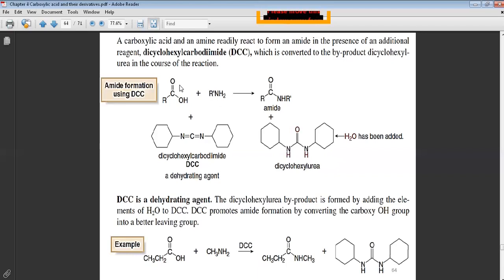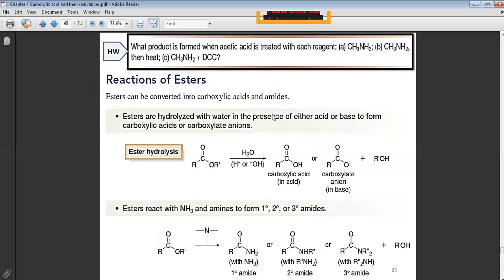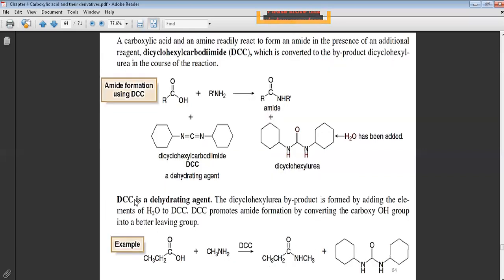Now we have a carboxylic acid and a primary amine. It will give you a secondary amide. Now, what is the work of DCC? The work of DCC is as a dehydrating agent. Look here, we have N carbon N, but here we have N hydrogen, carbon, oxygen, N hydrogen.